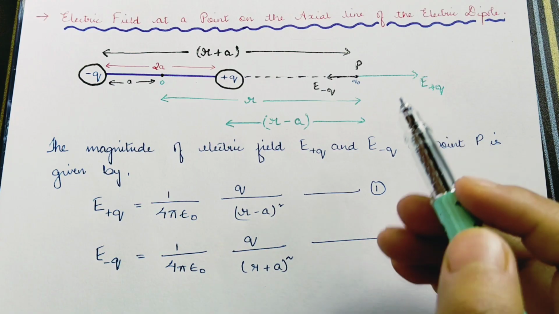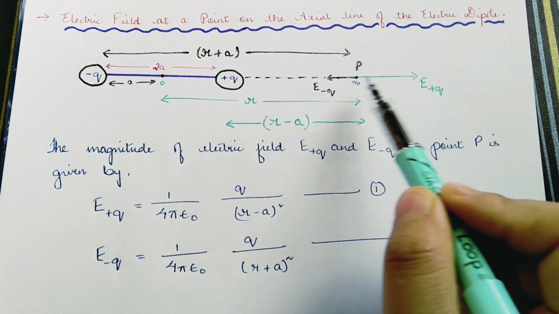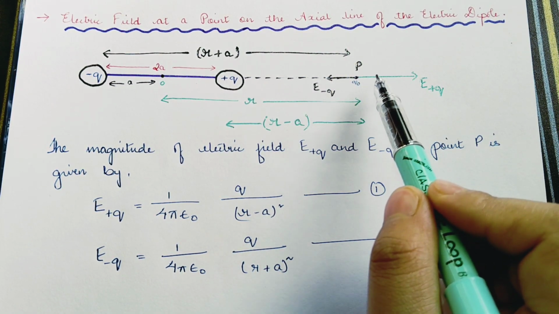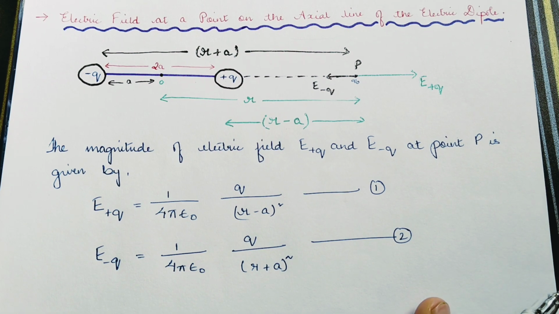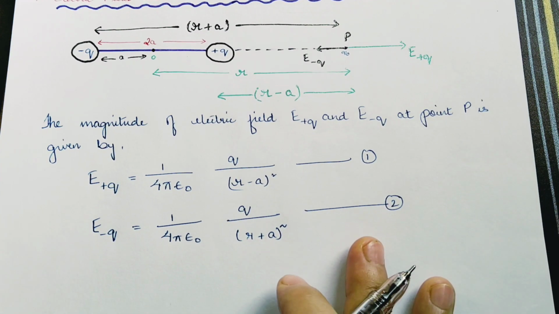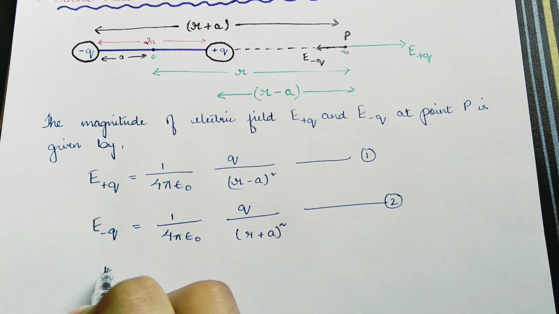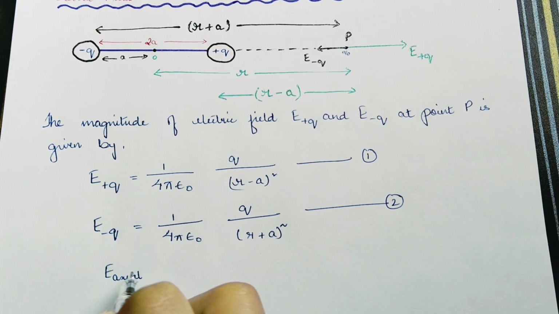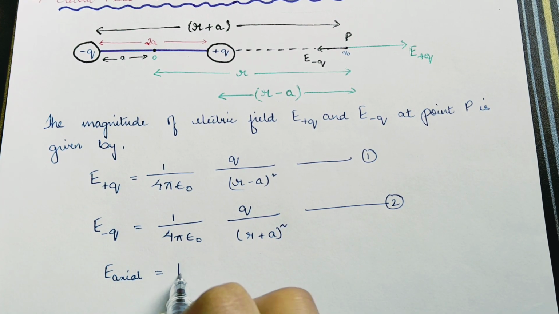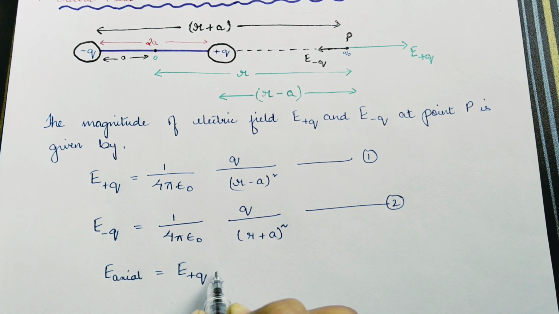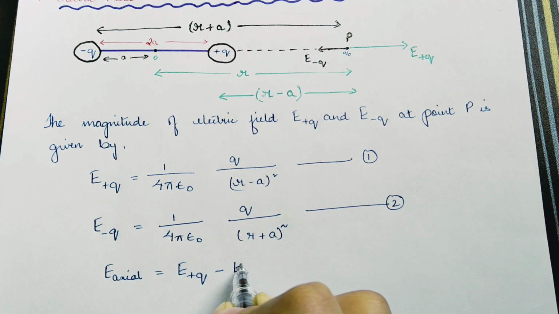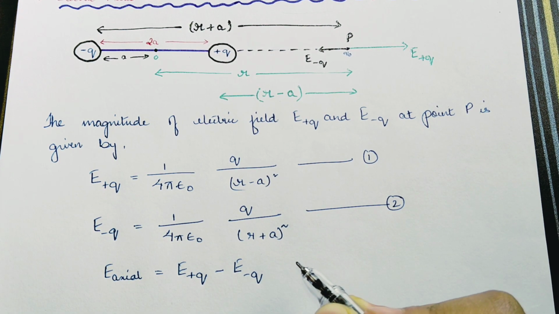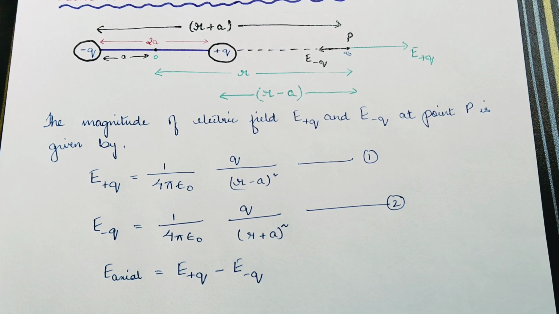Now both E plus q and E minus q are along the same line but in opposite directions. What we can write from here is E axial equals E plus q minus E minus q, since they are in opposite directions.